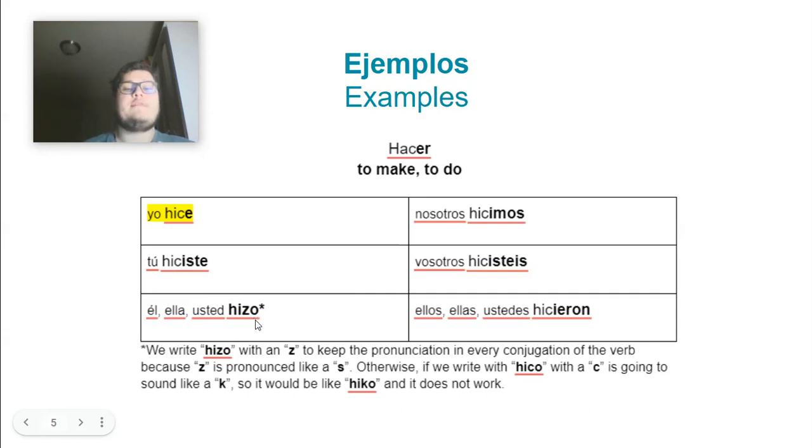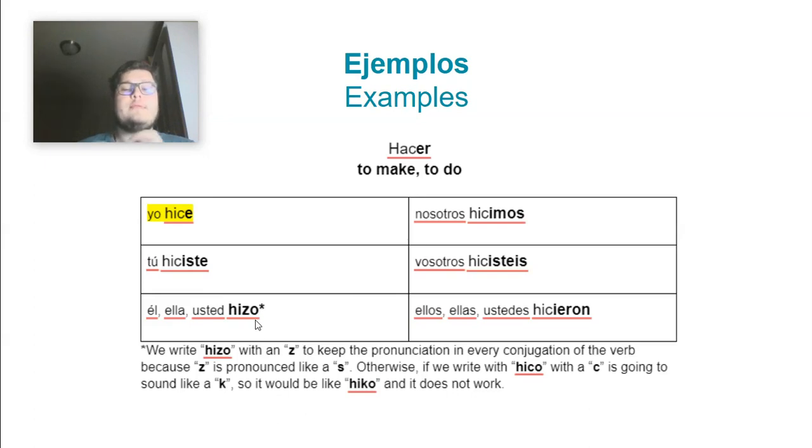Remember, after the C, if you find an O or an A, we are going to pronounce the C like a K. So we are going to say hico. Yo hice, tú hiciste, él, ella, usted, hico.